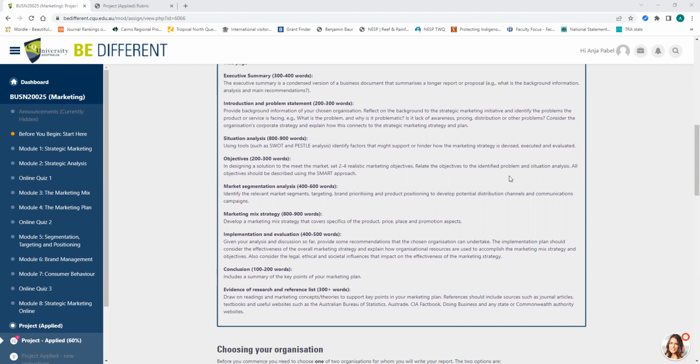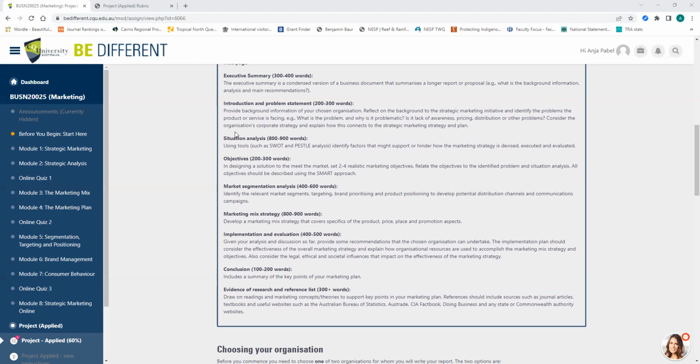It's about driving newsletter signups. It's measurable because it mentions the 5%. And it's also time-based because it mentions that we'd like to achieve this within a 2 months time frame. But obviously the objectives would depend on the analysis that you are conducting in your situational analysis.